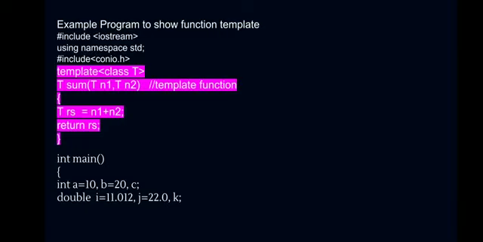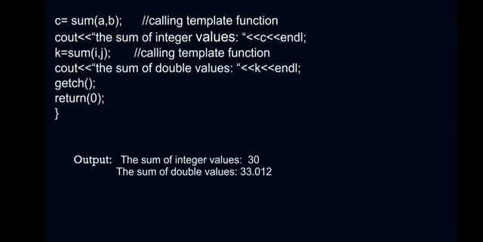So when that function is called, t is replaced by int. Here t is the generic data type. Generic data type is replaced by int. So it performs addition of two integer numbers and returns an integer. Return type is also t. That means it is also returning an integer value which is stored in c.